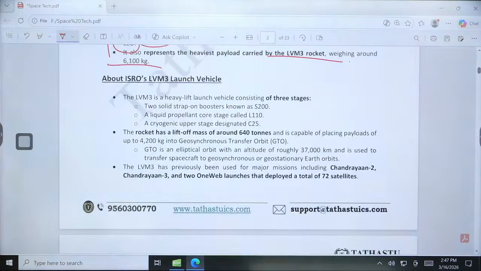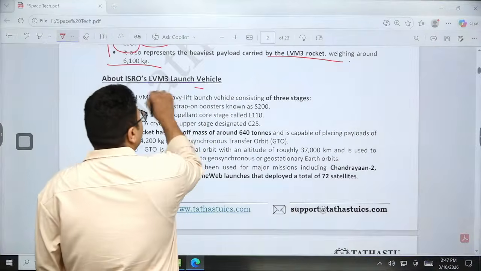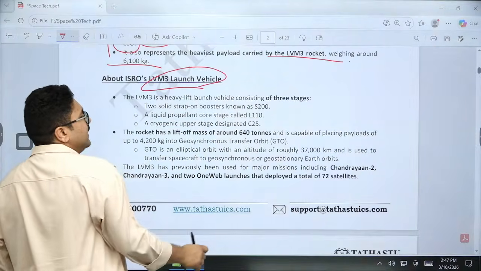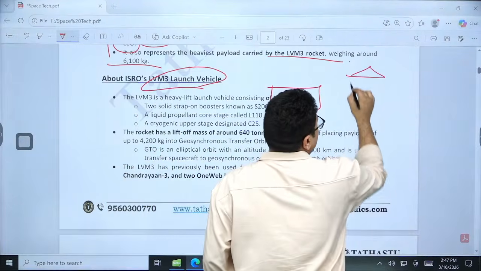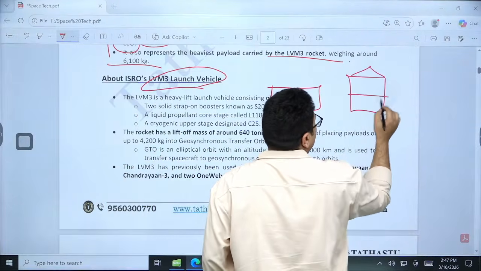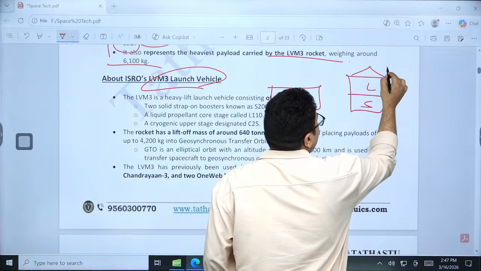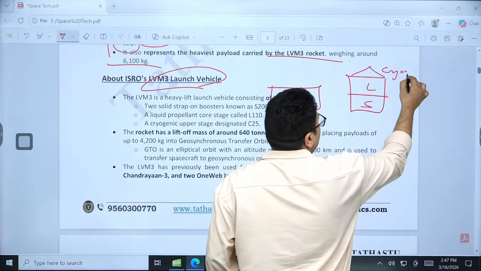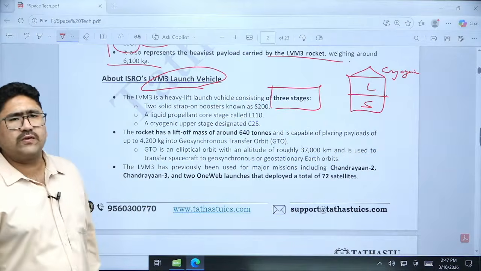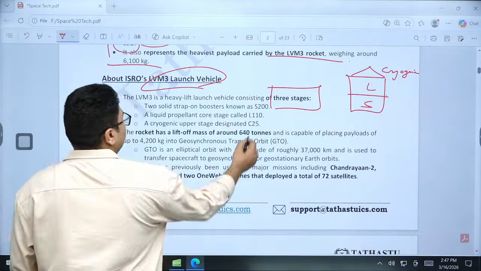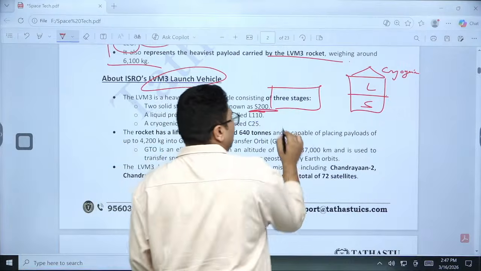Let us talk about the satellite launch vehicle. LVM-3 launch vehicle. It is a three-stage rocket. We have solid, we have liquid, we have cryogenic. The lowermost, the first stage is solid, which is S200. What is the solid fuel?